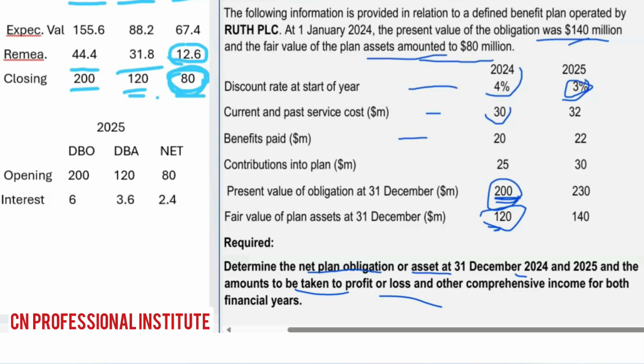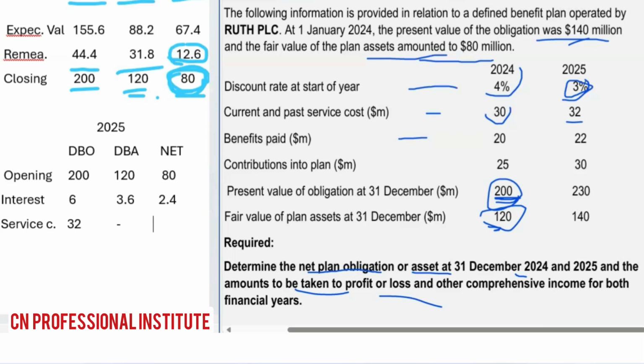Then we go to service cost. Service cost for 2025 is 32. Service cost affects only the liability, it doesn't affect assets.